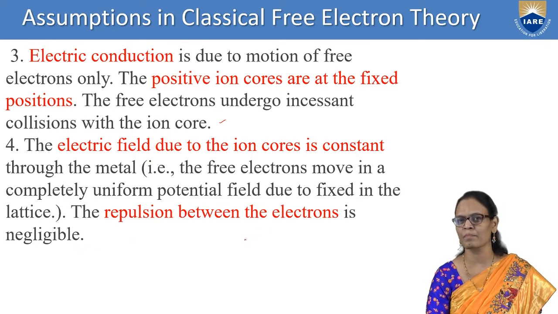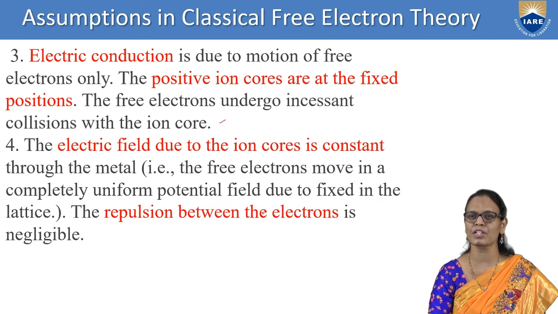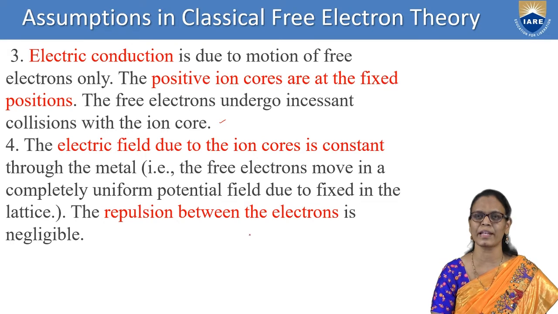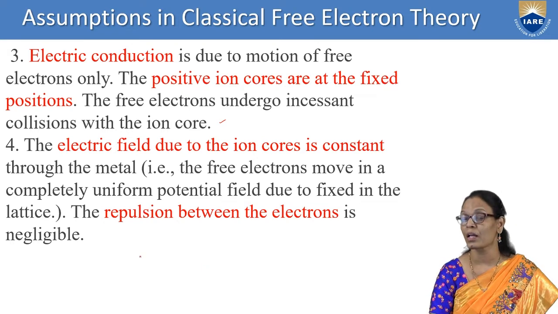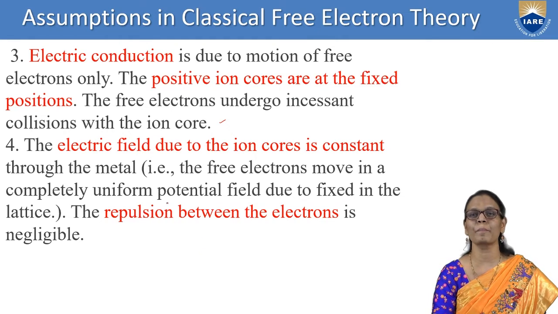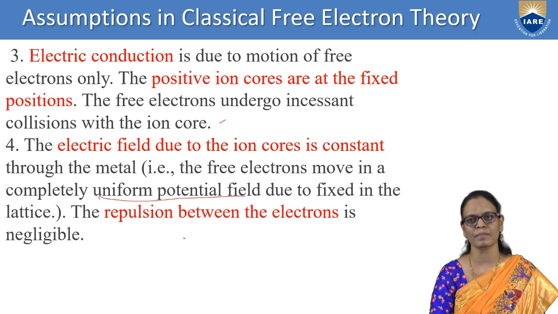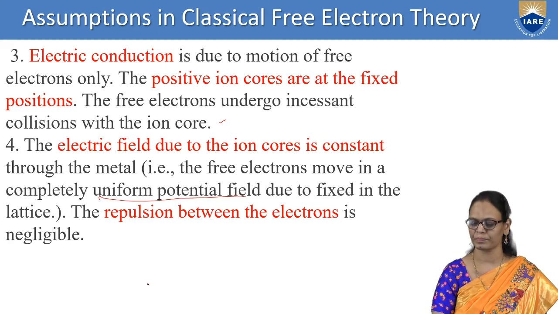So one more thing comes here, because they have not considered the collision of the electrons with the positive ion cores or with the electrons. They assumed that it is very negligible. So in free electron theory, what we consider is a uniform potential field throughout the lattice, and the repulsion between the electrons is negligible.